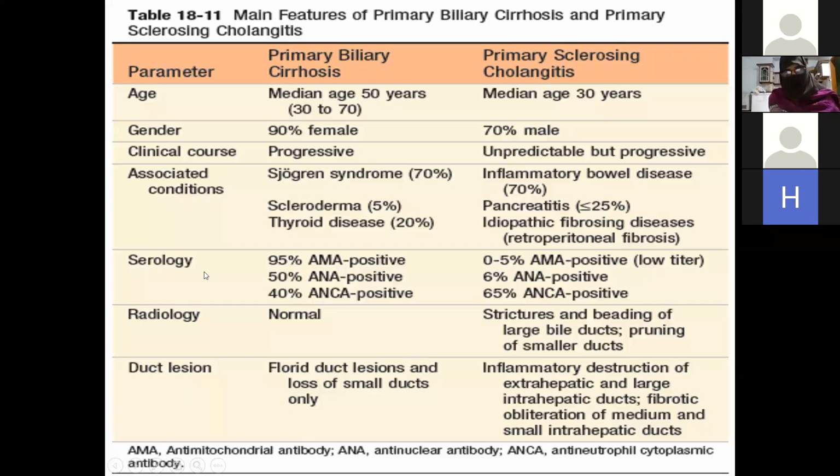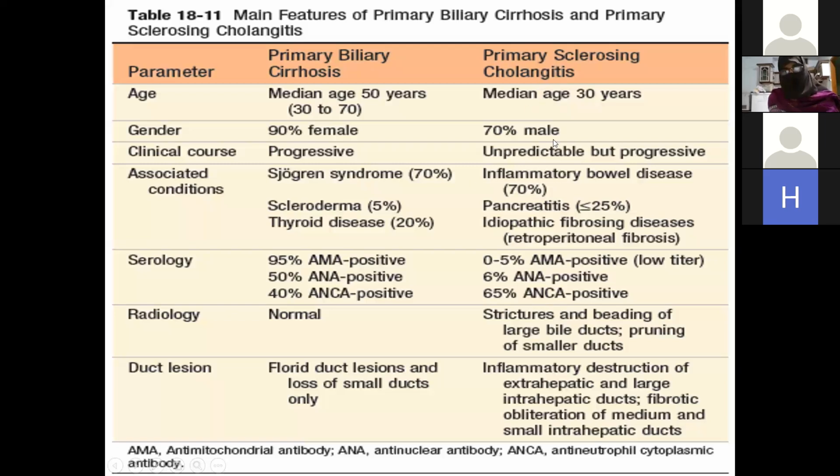अब इसमें serology पे please primary biliary cirrhosis में anti-mitochondrial antibody raised होगी, anti-nuclear antibody raised होगी, anti-nuclear cytoplasmic antibody raised होगी. Otherwise, on the other side, anti-mitochondrial antibodies only 0 to 5%. So this is diagnostic.